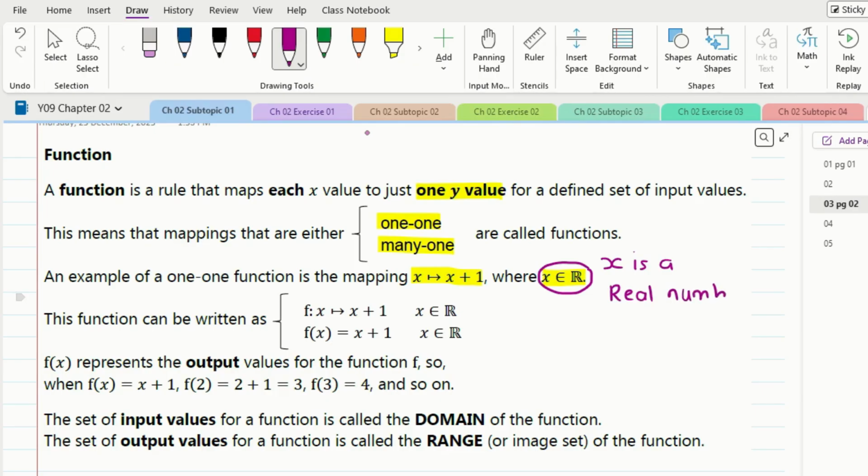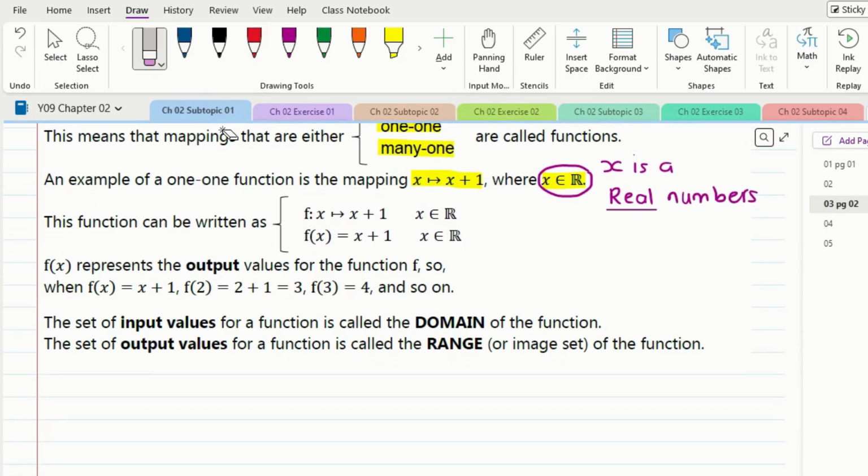Real numbers consist of numbers that you can use to calculate, for example integers, fractions or decimals. Other than real, you call it imaginary. The opposite of real is imaginary, but you will learn imaginary numbers at a higher level of maths, for example A-level maths. So I'm not going to touch on that.